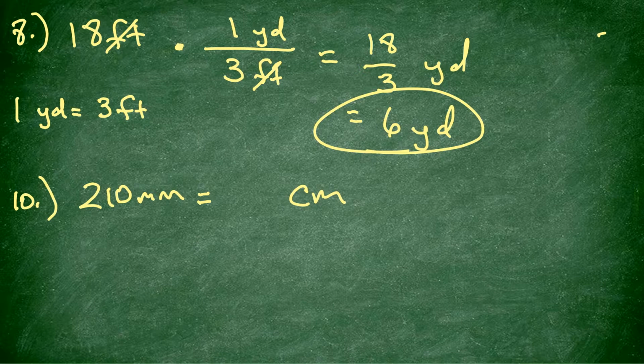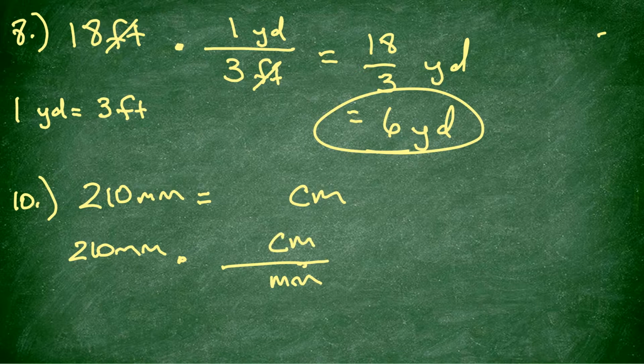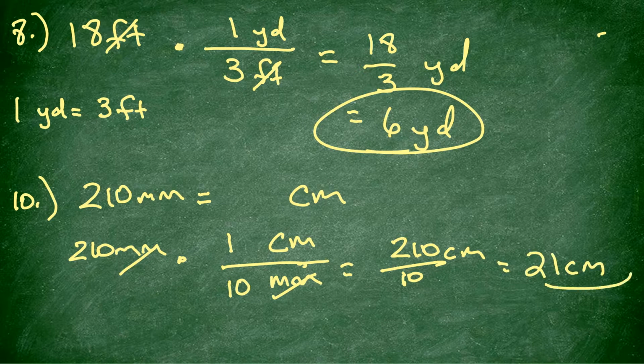So I say 210 millimeters times, I'm going to put millimeters on the bottom, and because the chart says centimeters to millimeters, I'm going to put centimeters on top, so they always cancel. And I know that 1 centimeter is the same as 10 millimeters. So I'm with 210 centimeters all over 10. 210 divided by 10 is just 21, so your answer is 21 centimeters.